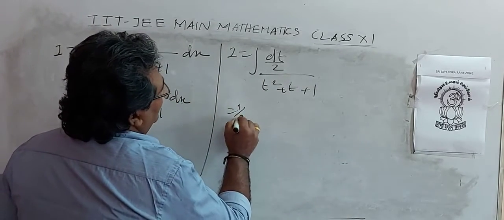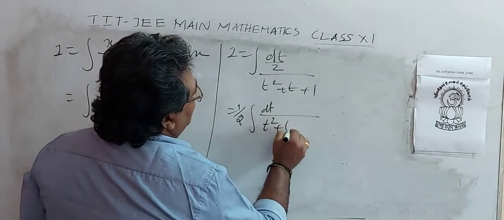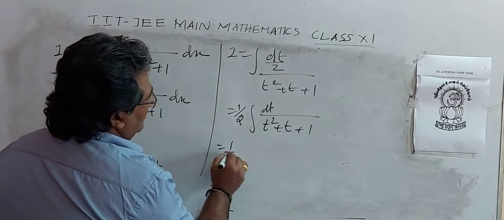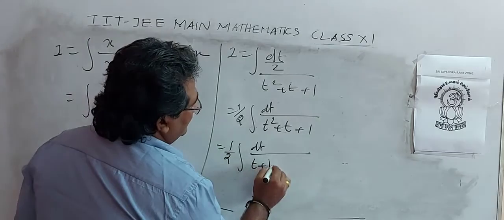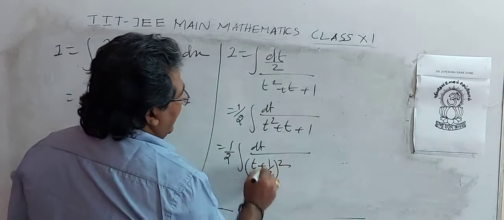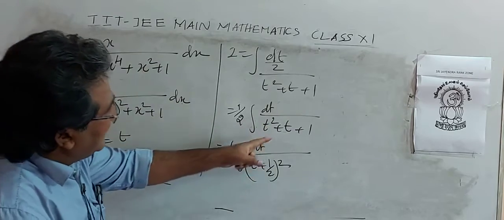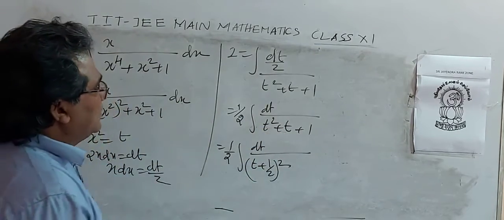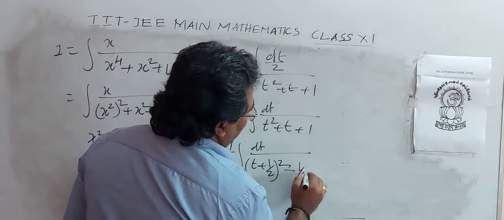1 by 2 dt by t square plus t plus 1. In place of t square and t, here we have plus sign, write plus here. Divide this coefficient by 2, here we have 1, divide by 2, that is 1 by 2 whole square, and square this value and subtract.